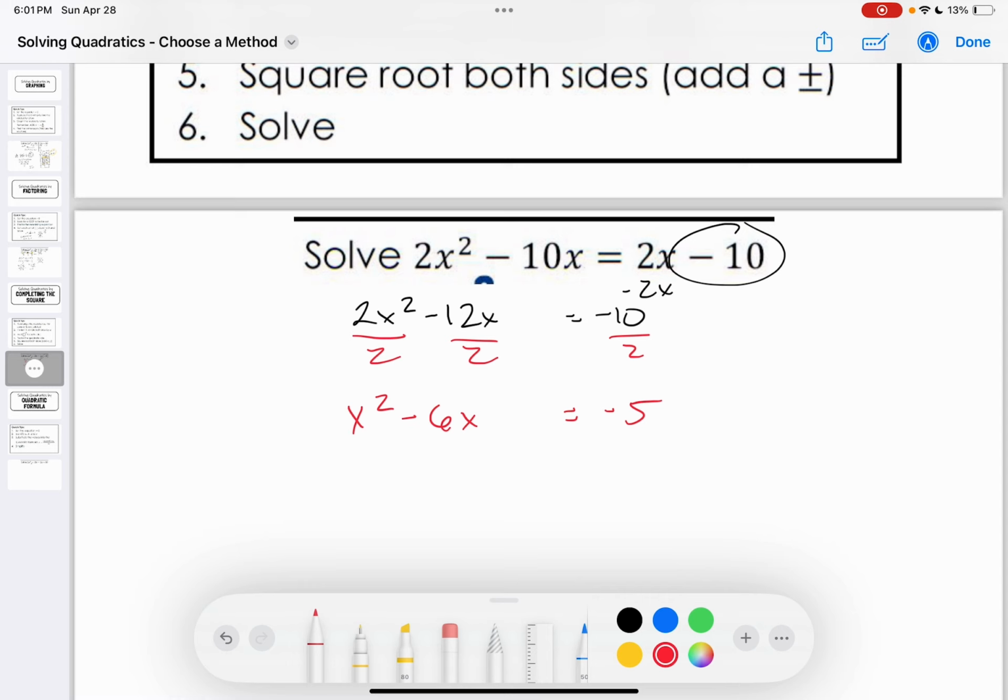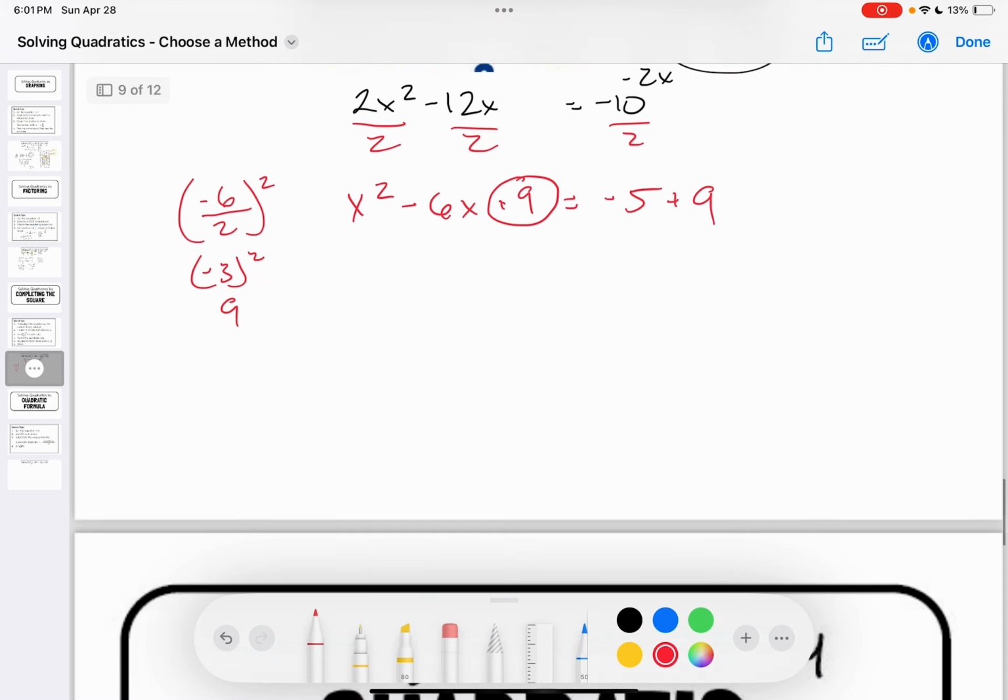Again, we need to figure out what value is going to go here to complete the square. That's my b value divided by 2, and square it. Negative 6 divided by 2 is negative 3. Negative 3 squared is 9. So I'm going to go plus 9 there and plus 9 over there.